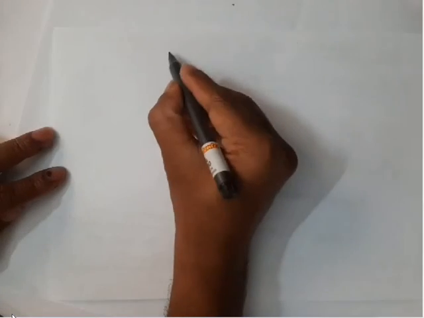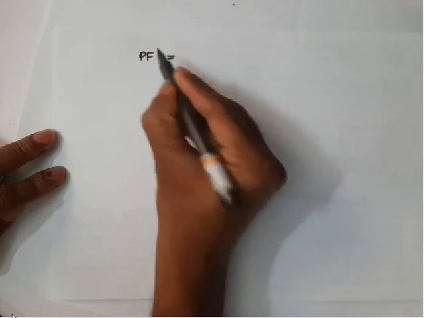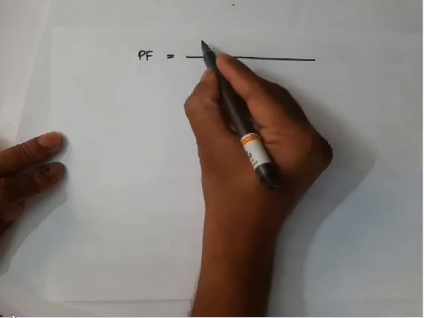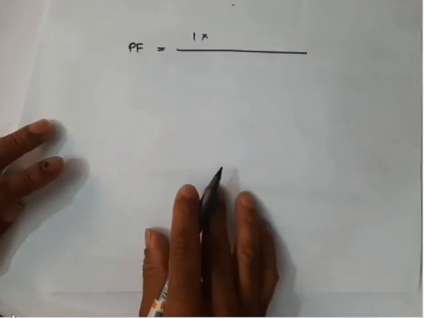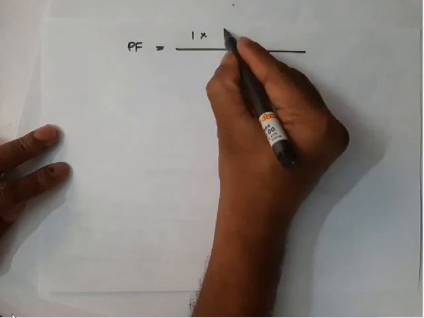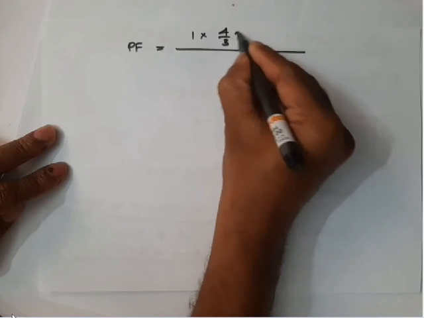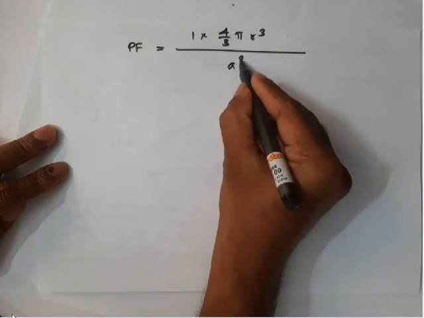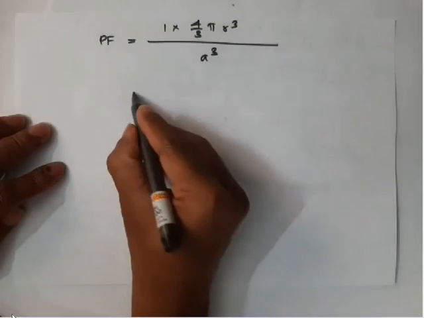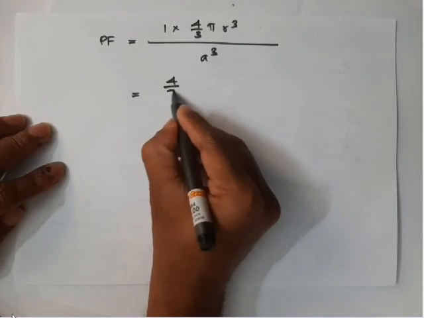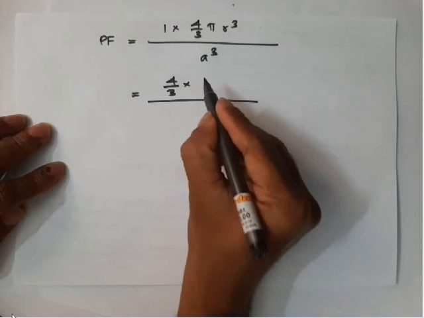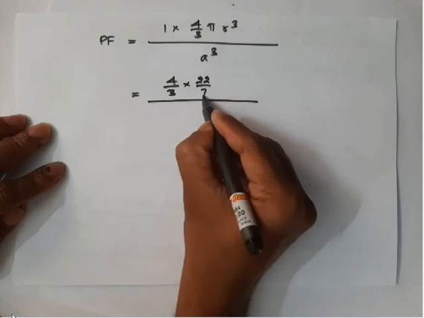So packing fraction, let me write simply PF. Packing fraction equal to rank of the unit cell, which is 1 in the case of simple cubic unit cell, into 4 by 3 pi r cube divided by A cube. I'll keep 4 by 3 as such. Pi is 22 by 7.